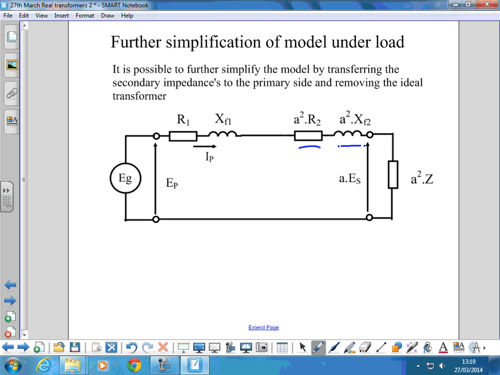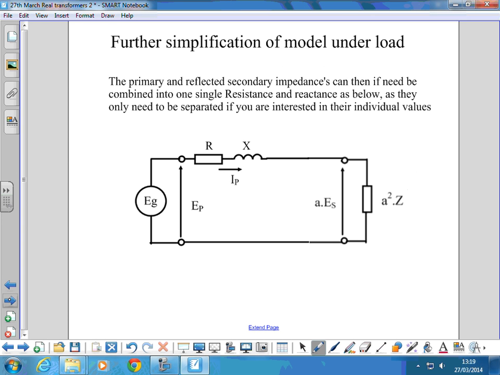So furthermore, that model can be simplified down to one resistance, one leakage impedance, and one load resistor transferred to the primary side.